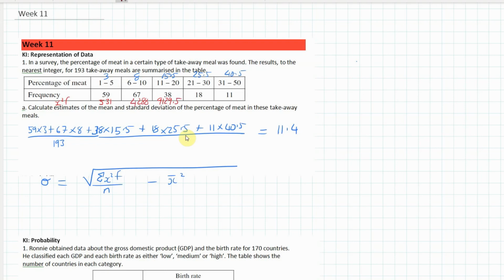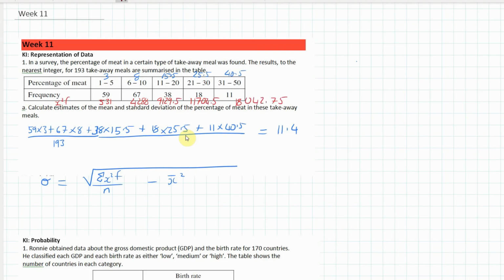Next one is 25.5 squared times 18, and this time we get 11,704.5. And then the last one, 40.5 squared times 11, gives us 18,042.75.